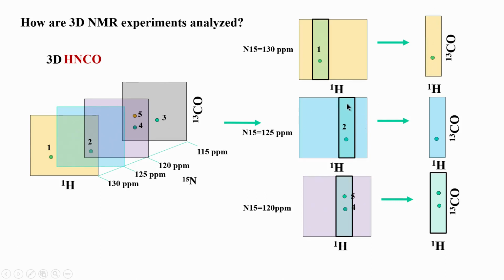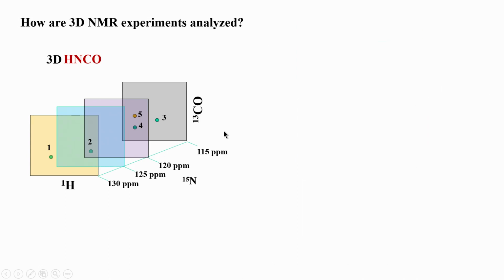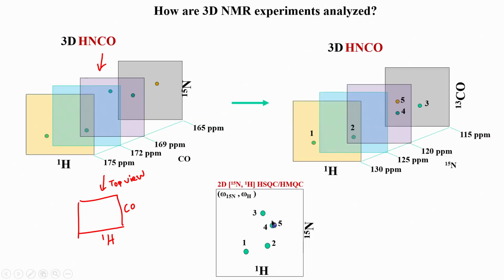Similarly, for this particular slice, which is 125, I have a peak and I can look at this. Now, if you look at 120 ppm, it turns out that these two have the same nitrogen chemical shift. And why is that? If you recollect, in our previous slide, these two have the same chemical shift in the nitrogen axis and proton axis, correct. So, that is the problem we had, and that is why we added one more dimension.